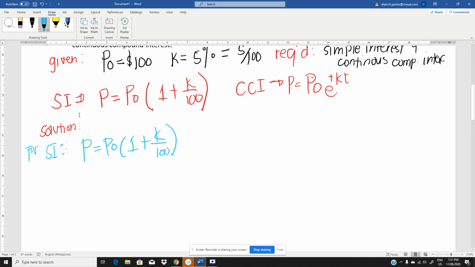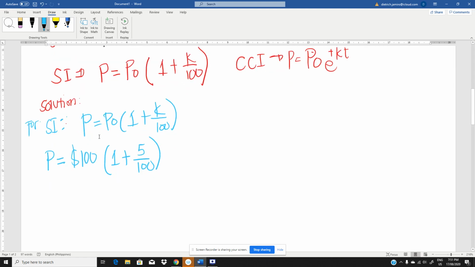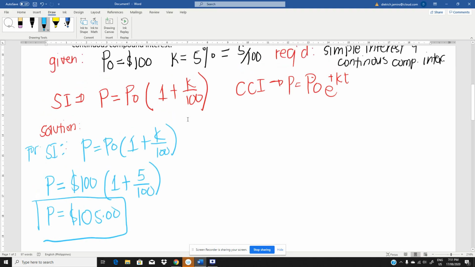Substituting our givens, P is equal to our P0, which is $100, multiplied by 1 plus our k, which is 5% over 100. So that's going to be our P for our investment. So P is equivalent to $105. That's for simple interest.